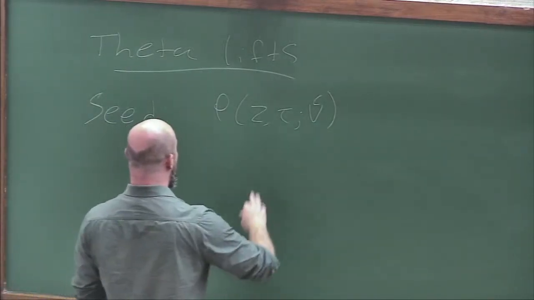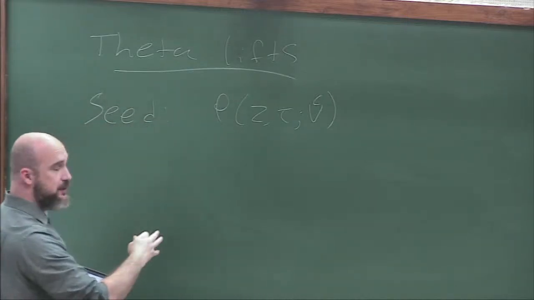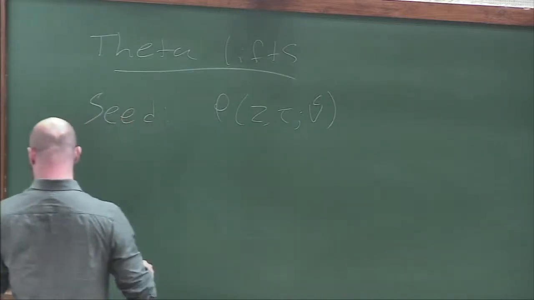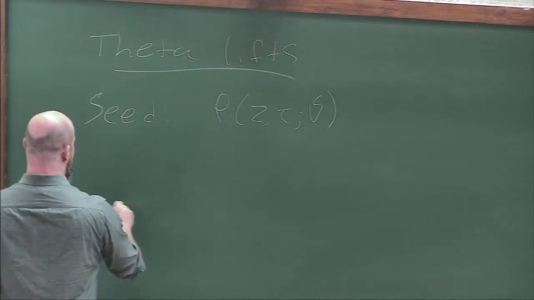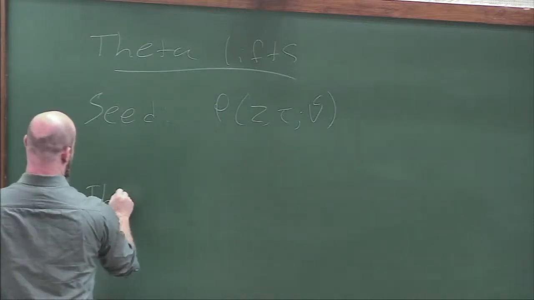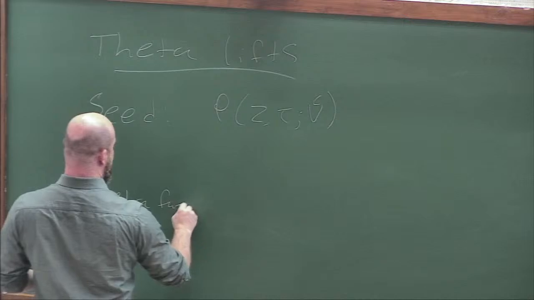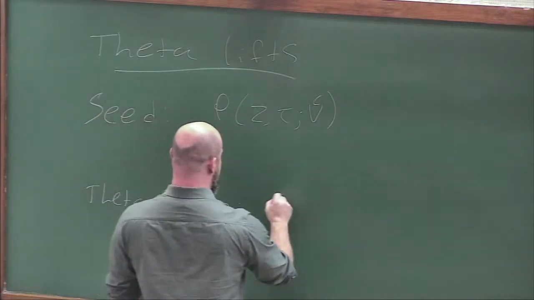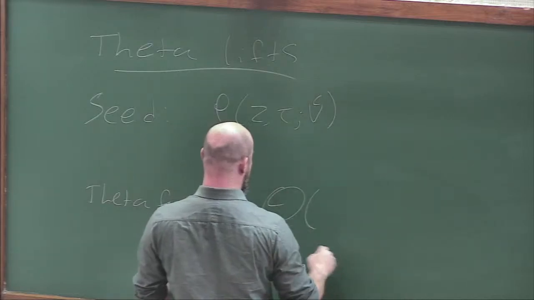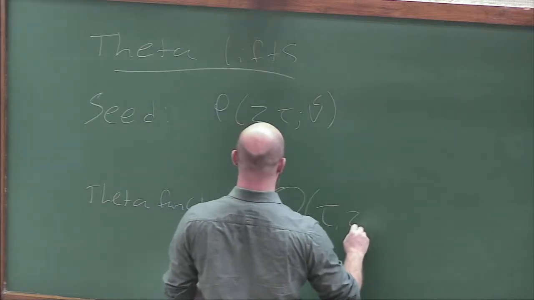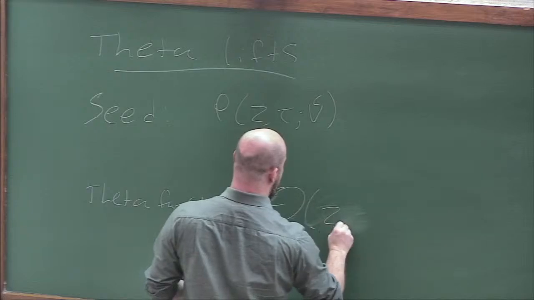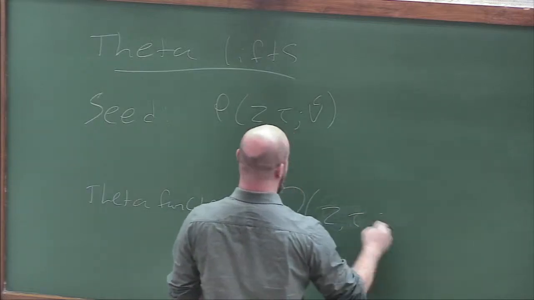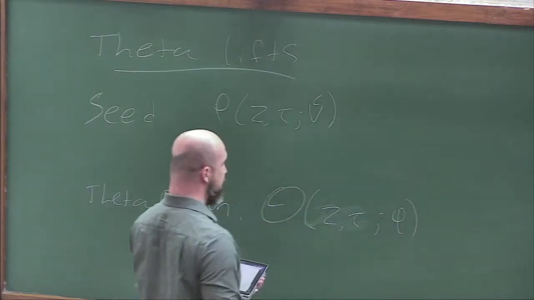Now, what we want to do with this is construct a theta function out of this. And so we're going to have a theta function, sometimes we use this notation, theta of tau z, or I guess I'm doing z tau, semicolon, and then whatever our kernel here is.